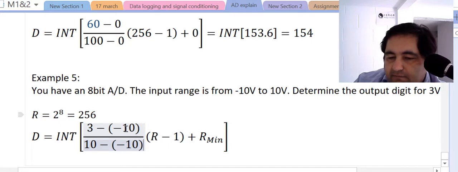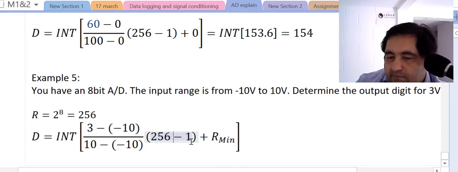Then R, as you can see, is 256 again. And Rmin is 0.